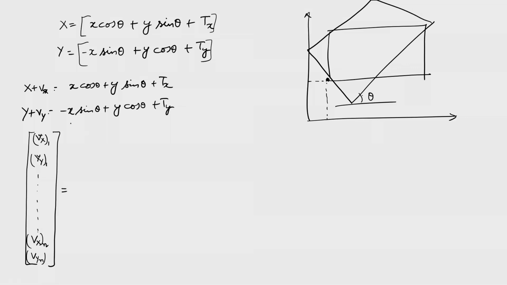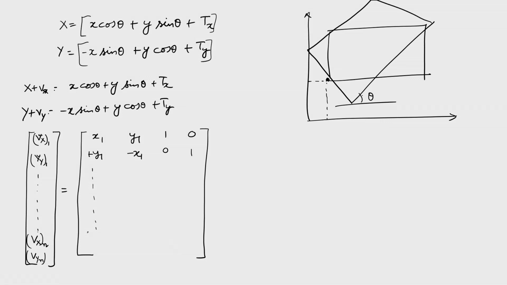So, and then here what will happen? I can write matrices as x 1, y 1, 1, 0, and then here, plus y 1, minus x 1, 0, and here 1. Well, try to write yourself, I am not writing all the things.